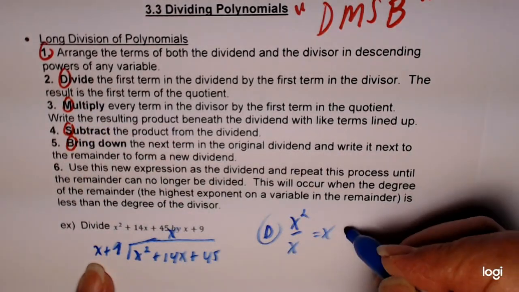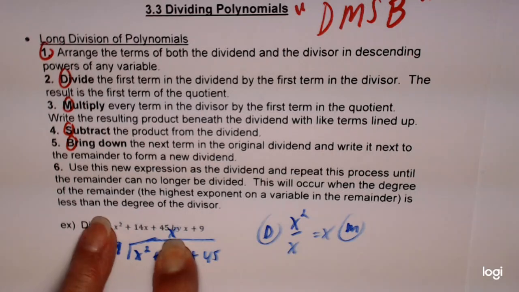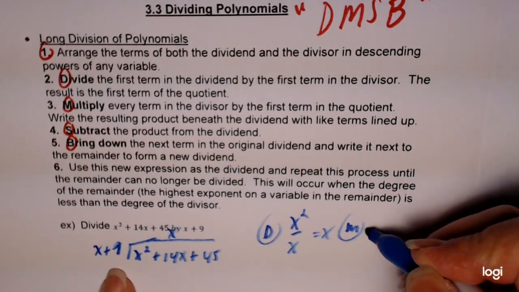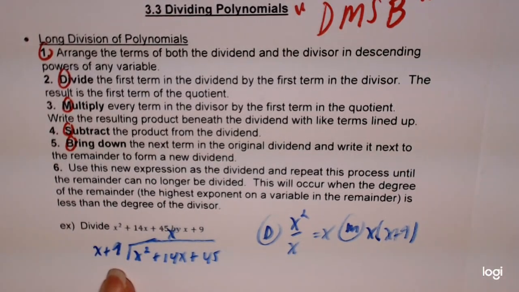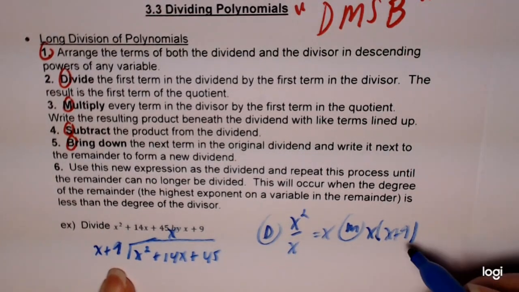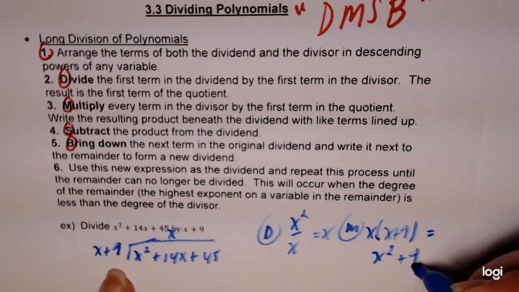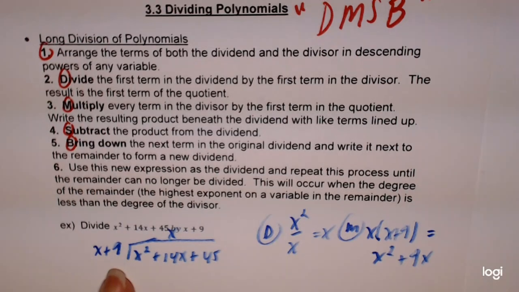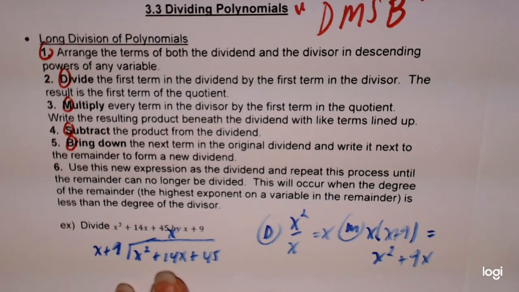Next, we multiply. So for the multiplication, we take this and we multiply everything in our divisor by this. So we're multiplying x and x plus 9. So x times x gives us x squared plus 9x. Again, some of you, I'm sure, just do the multiplication in your head and write the answer down there.